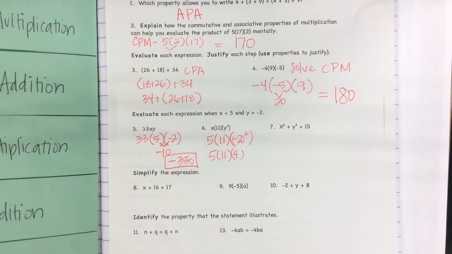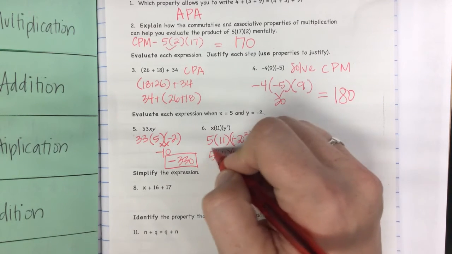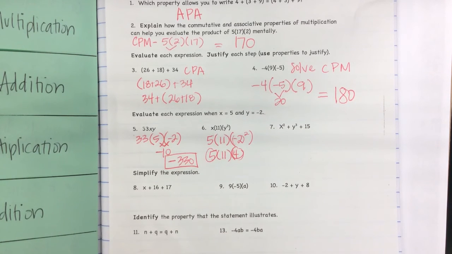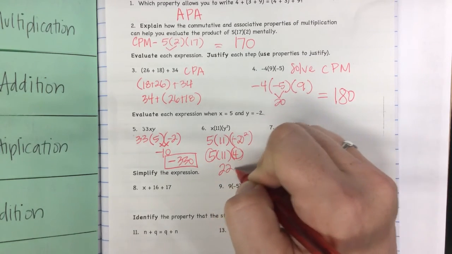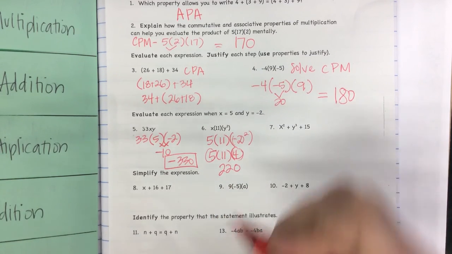What should I do first? Which one should I do first, Cody? 5 times 4 is 20 times 11. 220.